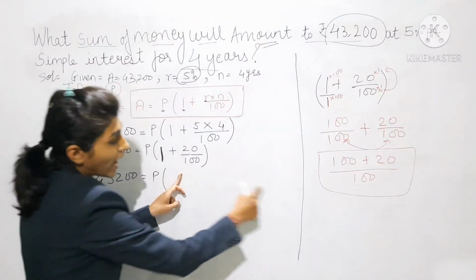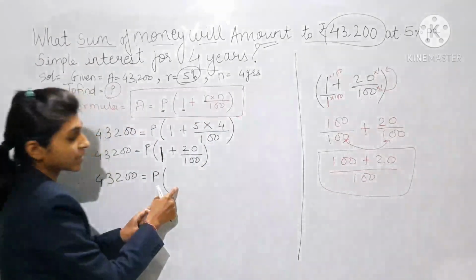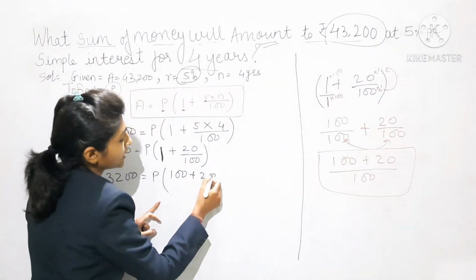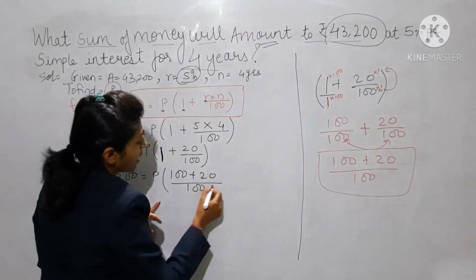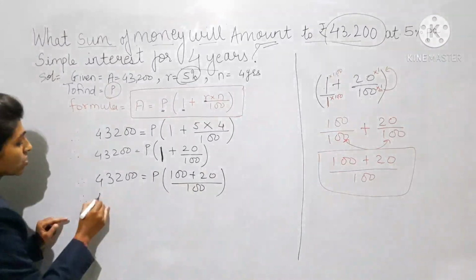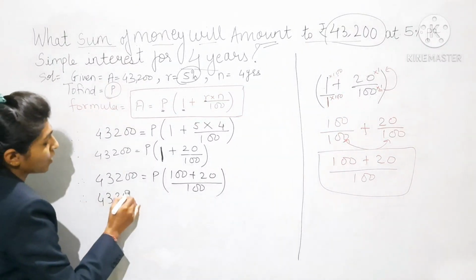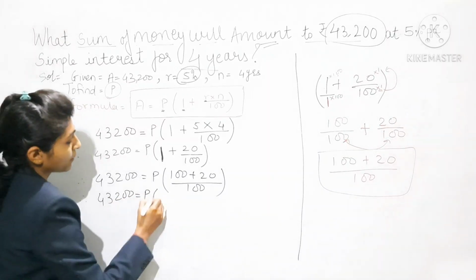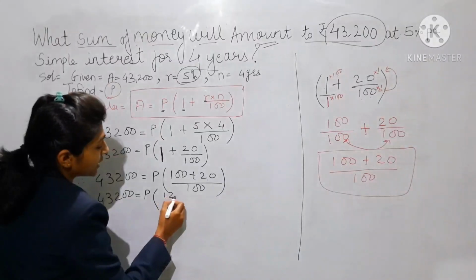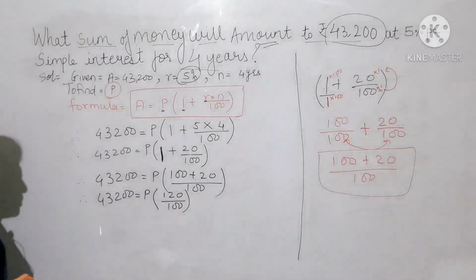Now I will write this over here as it is: 100 plus 20 divided by 100, bracket close. Therefore 43,200 is equal to P bracket 100 plus 20, 120 divided by 100, bracket close.